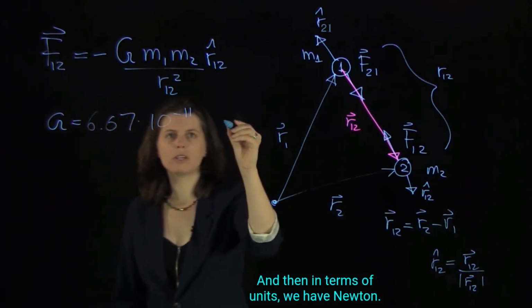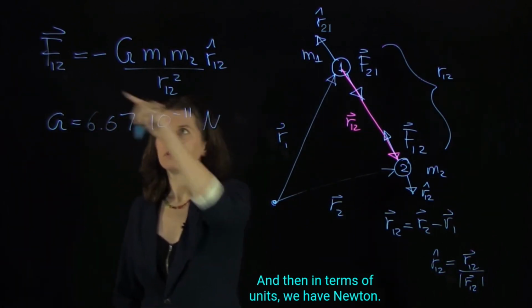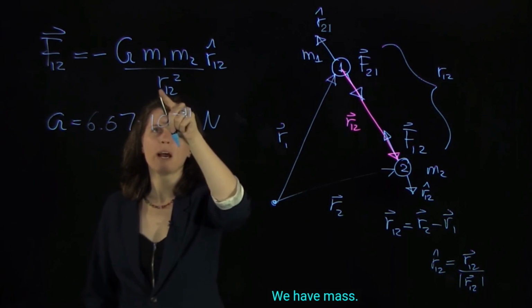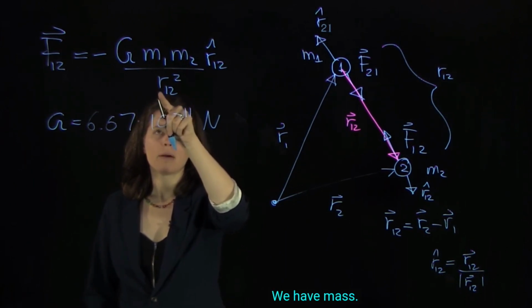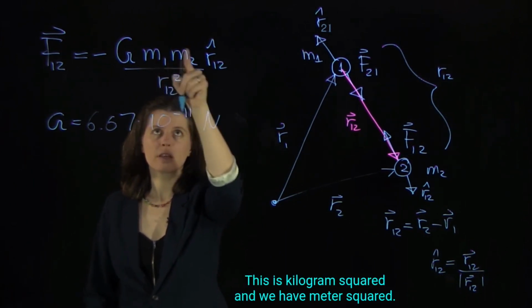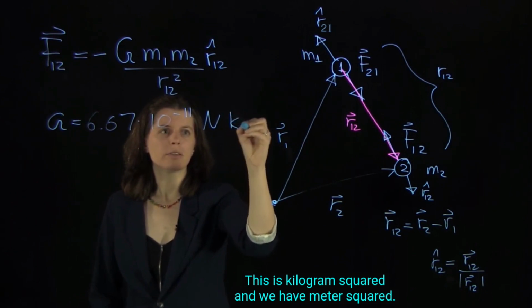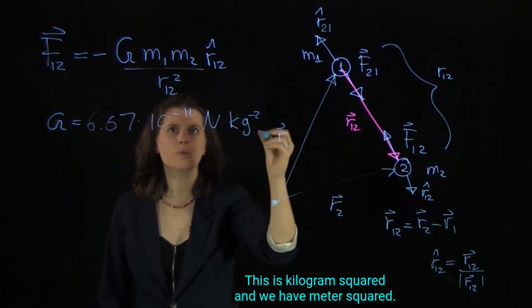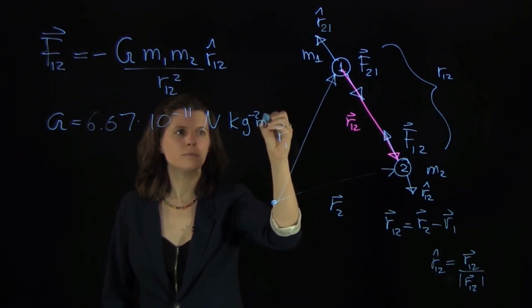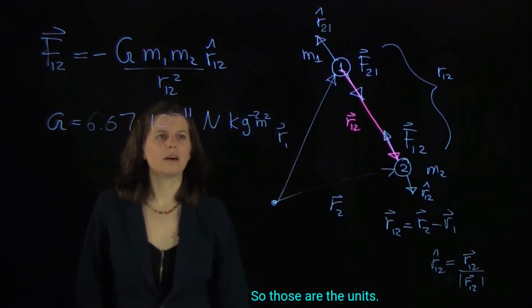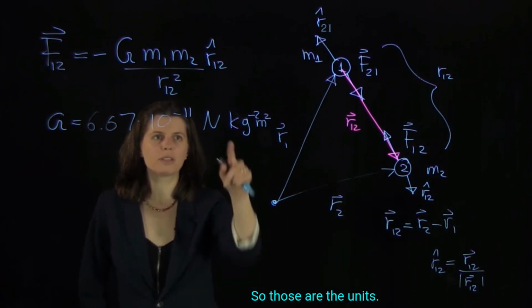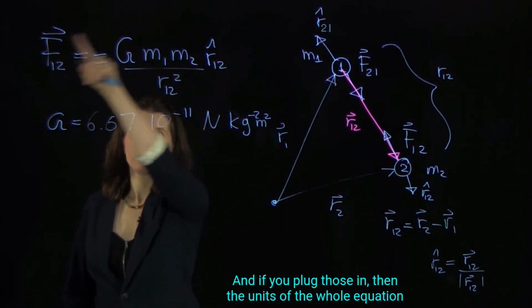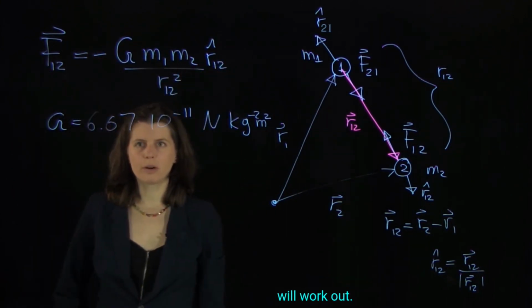In terms of units, we have Newton for force, kilogram squared for mass, and meter squared. So those are the units, and if you plug those in, then the units of the whole equation will work out.